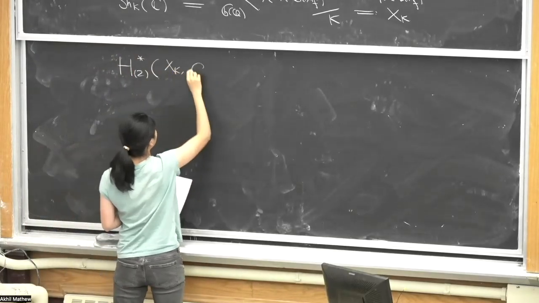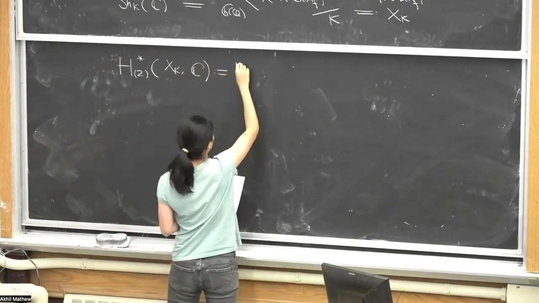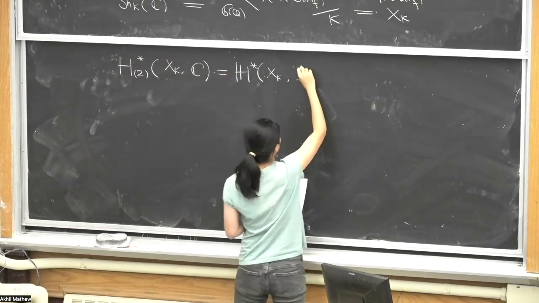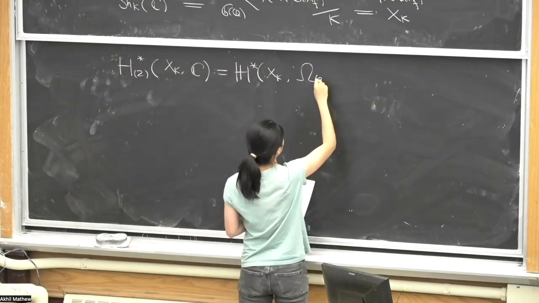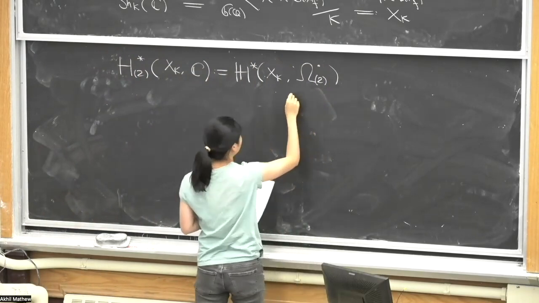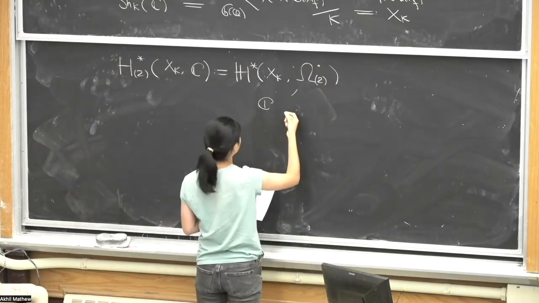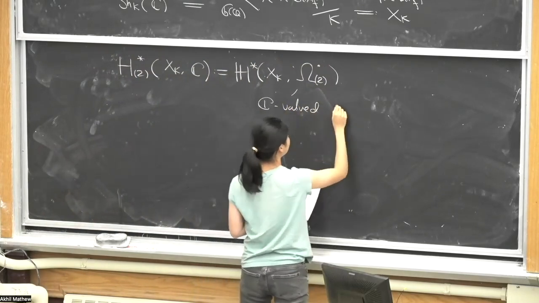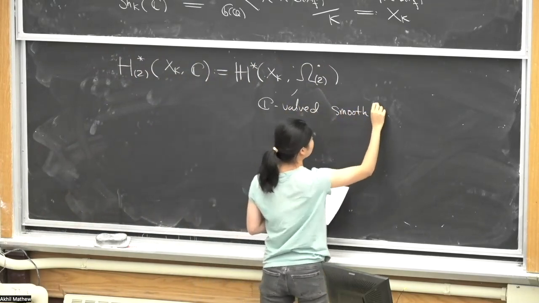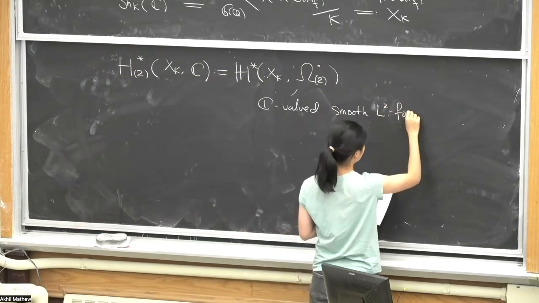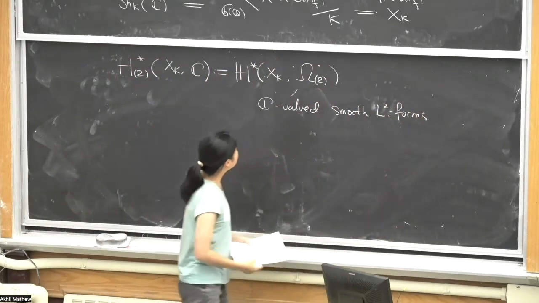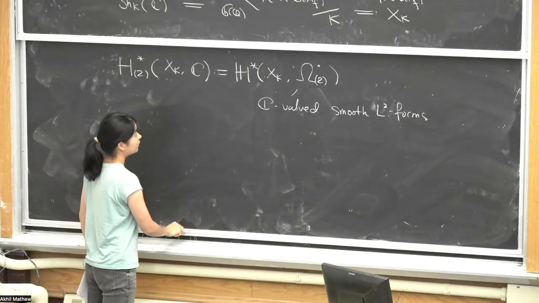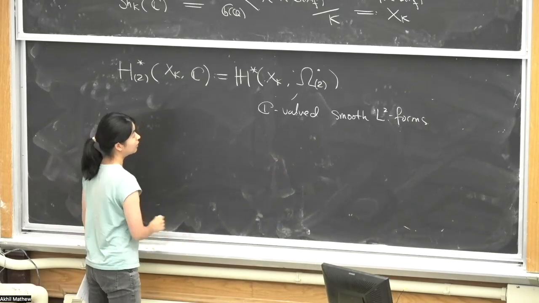With complex coefficients, which by definition is the cohomology of the complex of smooth differential forms that are square integrable with respect to this metric. And the reason why this cohomology is interesting is that it can be immediately related to automorphic representations in the following sense.